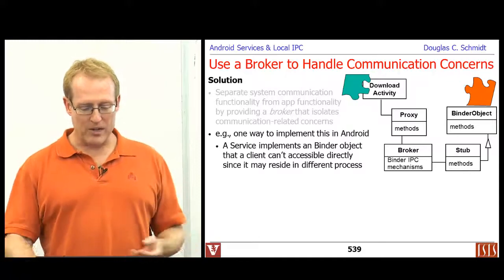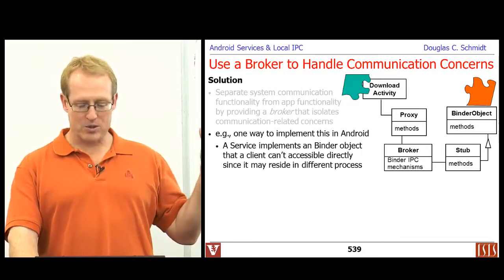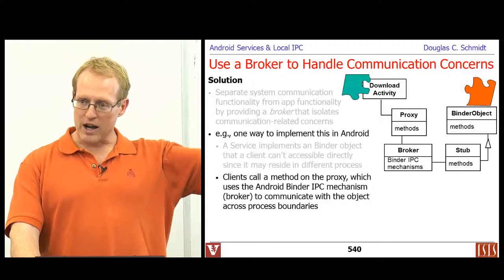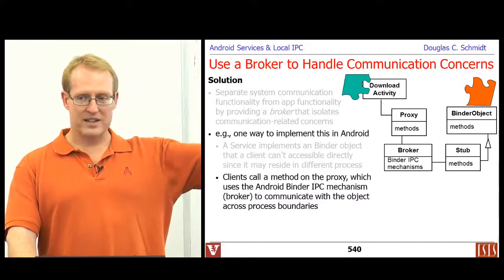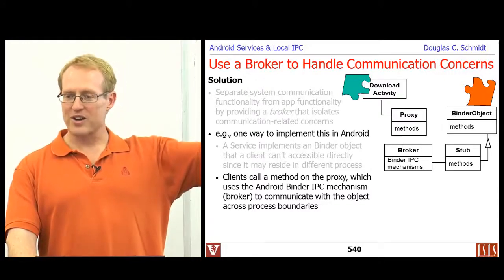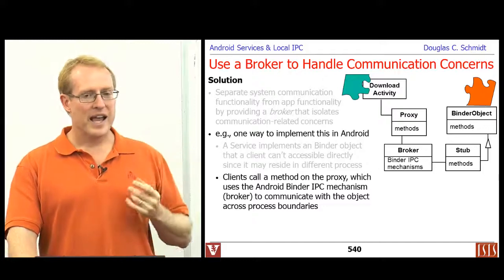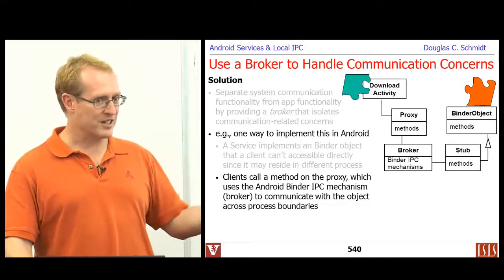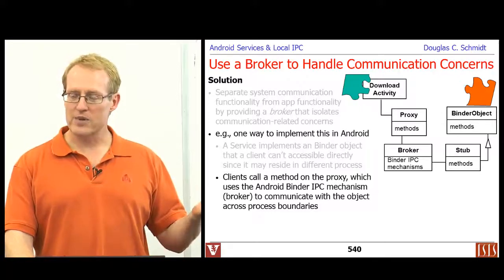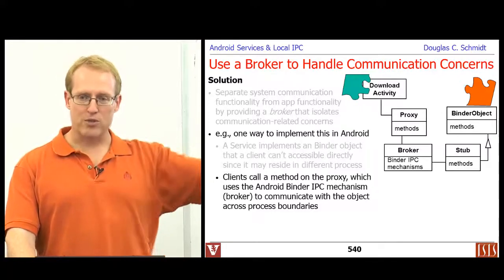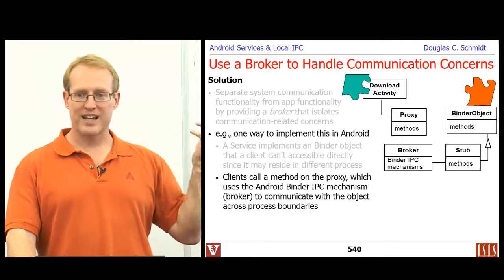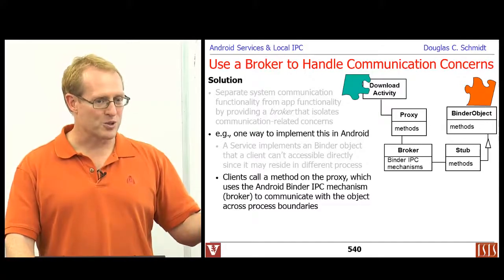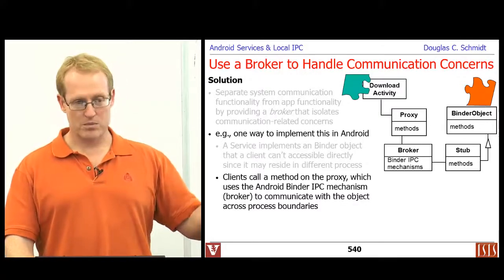So we implement a binder object that the clients can't get to directly. We get a proxy back to that via the various means we've talked about, using onServiceConnected and so on. And that client proxy is then used by clients, like activities, to invoke operations. Those operations then travel through the system after first being converted into parcels by the underlying proxy.